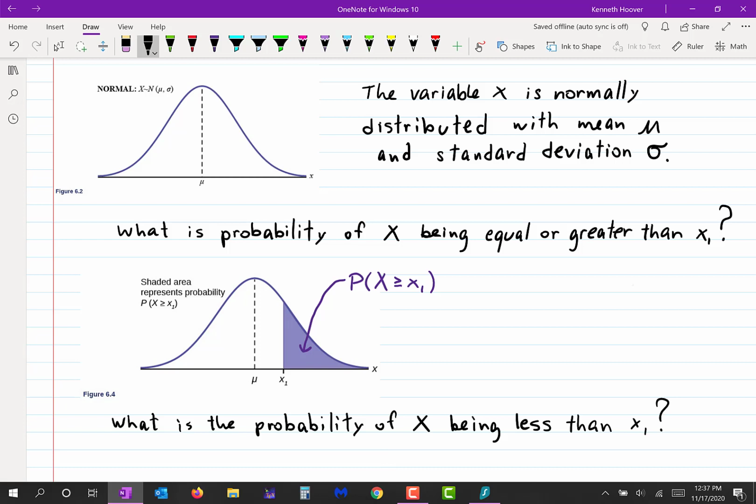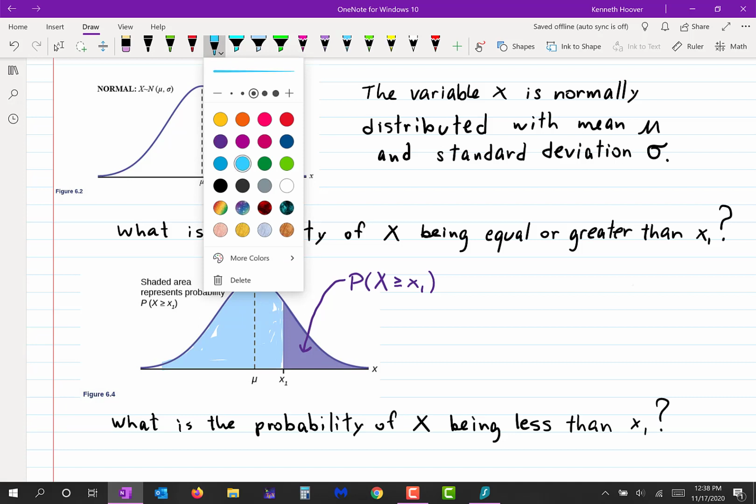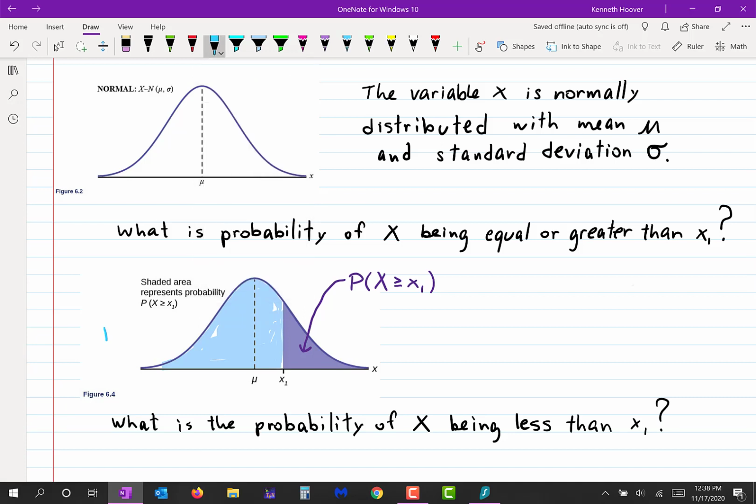Okay, then what you would do in that case is you would calculate this area, the area to the left of x1. Okay, that would be the probability that x is less than x1. Okay?